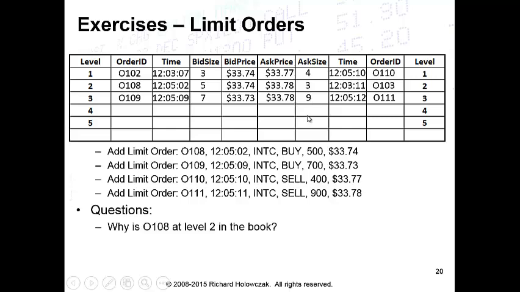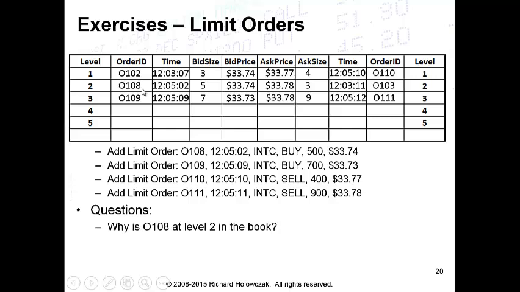So here are some questions. First question, why is order 108 at level 2 in the book? Why did order 108 end up here in the book? Again, if you want to pause and see if you can answer that one on your own.